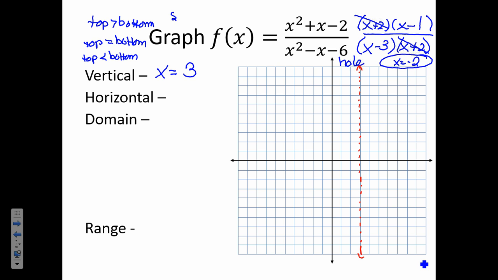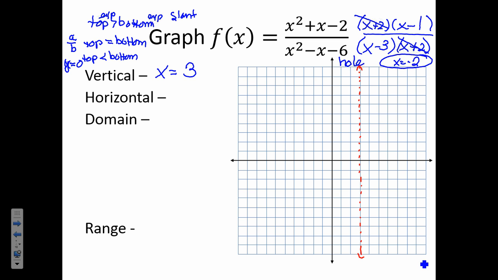Okay? If the top equals the bottom, then it's the ratio, A over B, the leading coefficients. And if the top is less than the bottom, y equals 0. Okay? A little reminder from yesterday. That's for the exponents, yes.